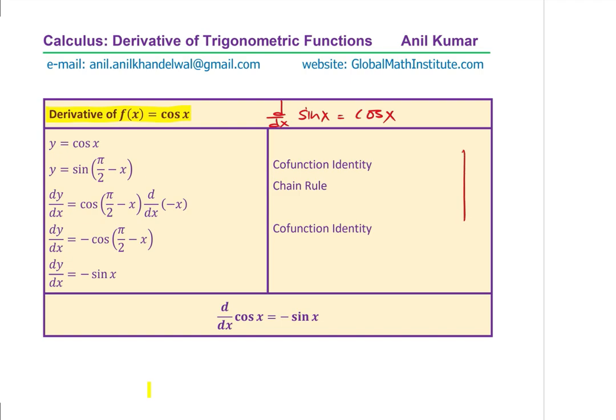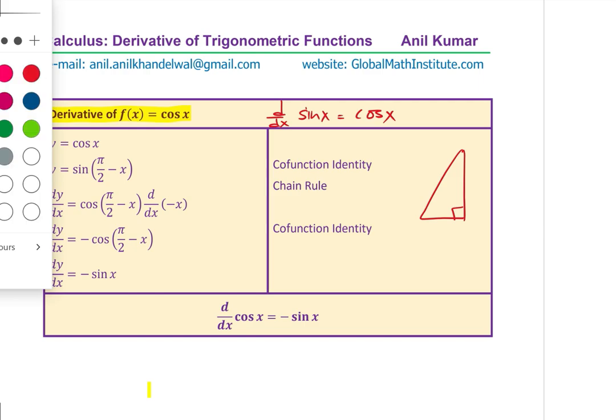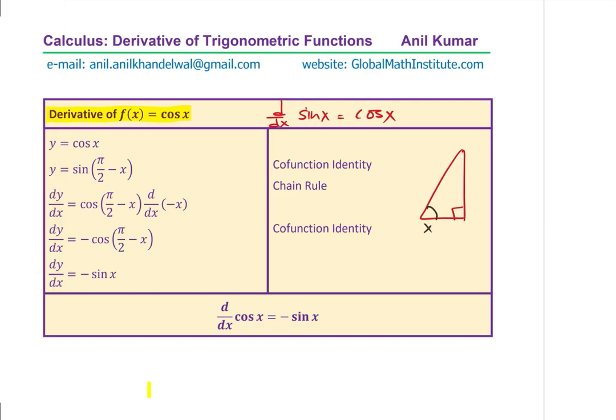So in any right angle triangle, if one of the angles is x, the other will be pi by 2 minus x. Now, if this is opposite, that becomes adjacent. So sine becomes cos. That is the concept. So cos x is sine of pi by 2 minus x.